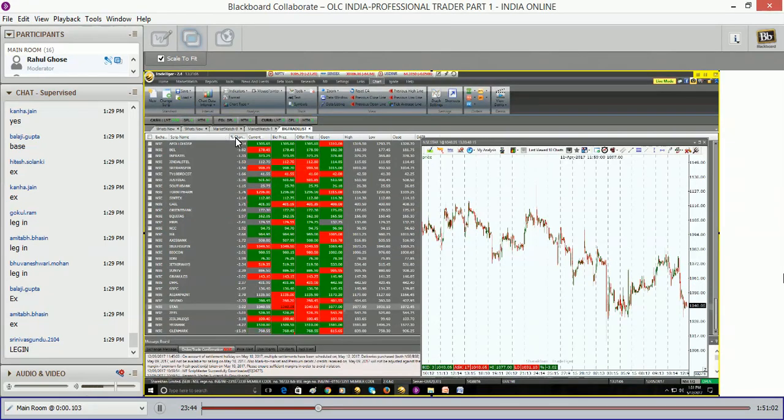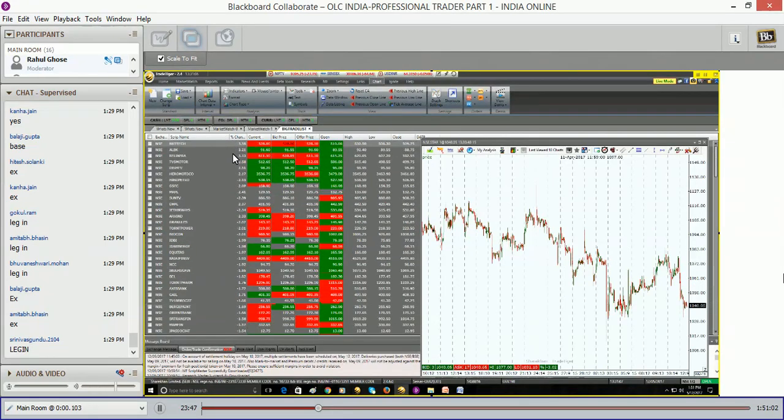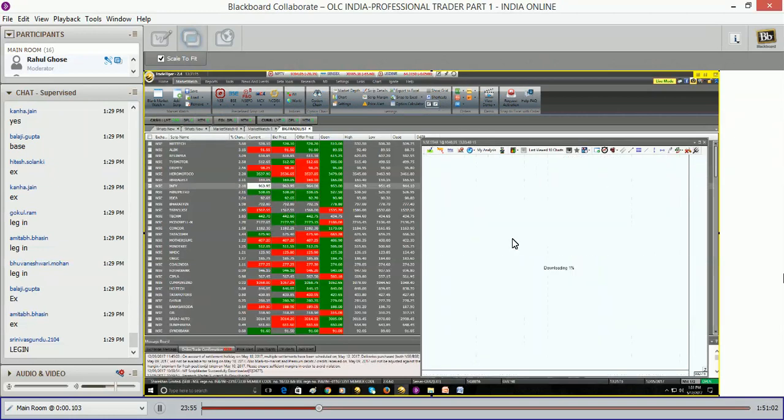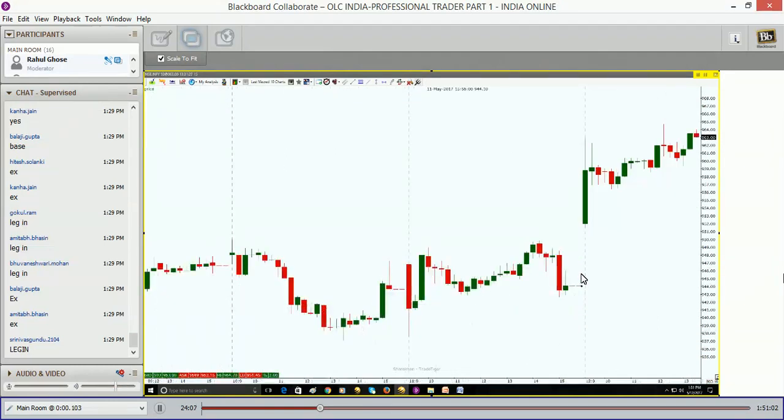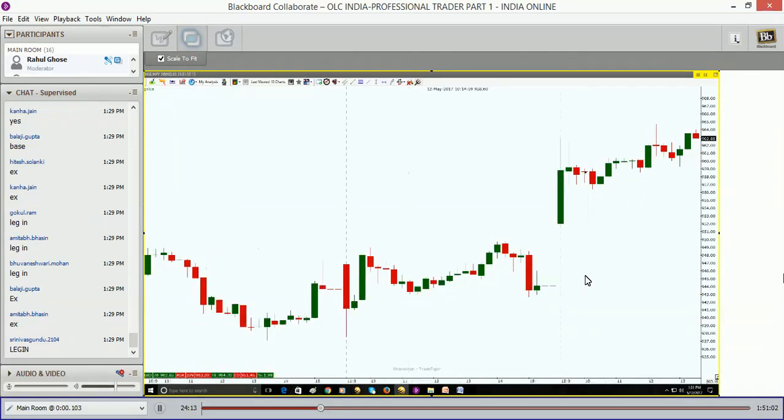No, nothing great over here. Infy's had a good move up today. Let's see if we can plan something. Okay, I'm looking to mark my demand zone in Infosys, friends.